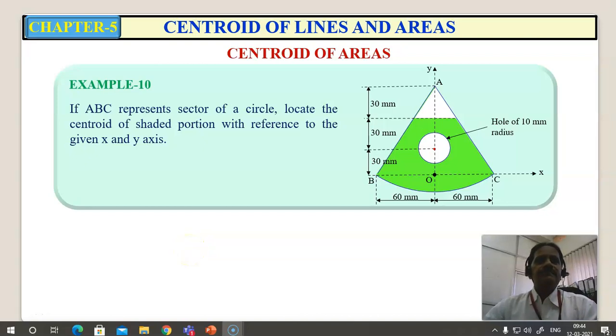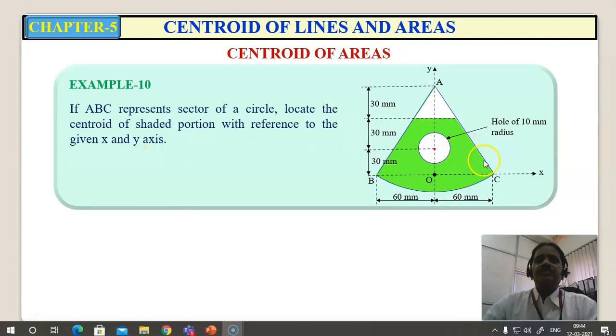Hello students. So today we are going to solve two more typical examples on the centroid of areas. So let us note down this example. If ABC represents sector of a circle, locate the centroid of shaded portion with reference to the given x and y axis.